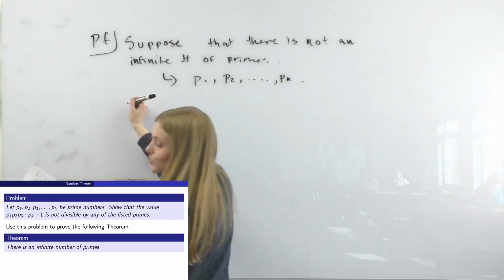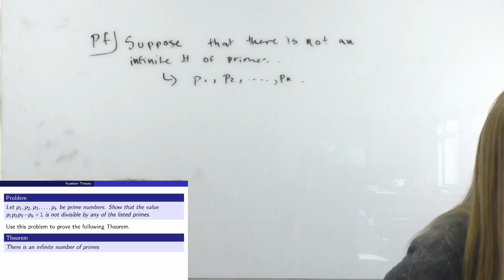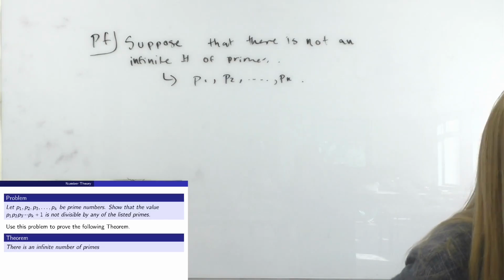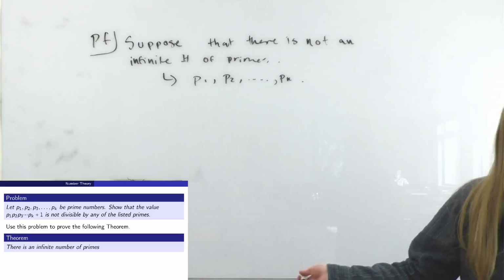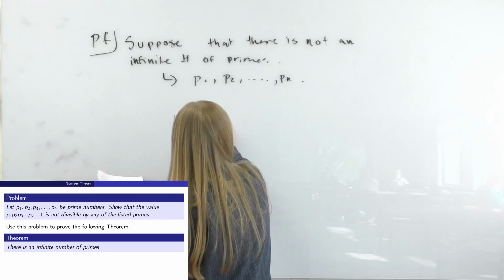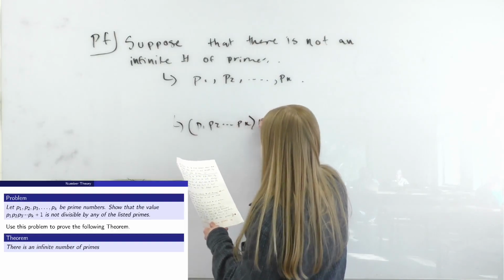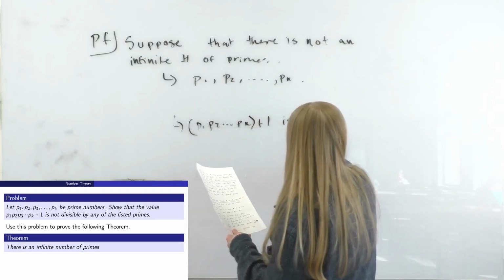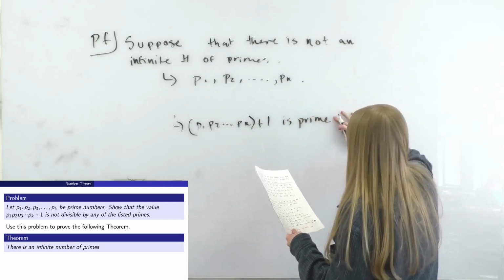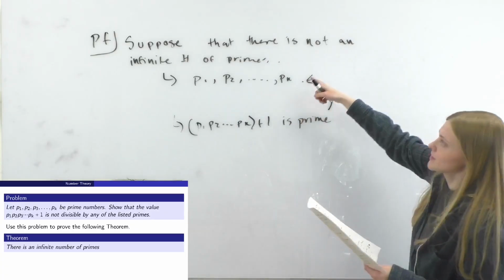Okay? However, by the previous theorem on this slide, we know that P1 times P2 up to PK, plus 1, is prime, right? Is it in this list?